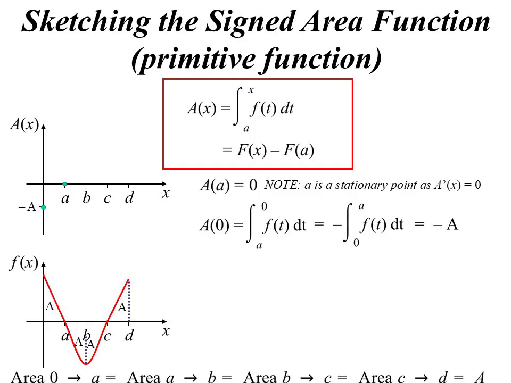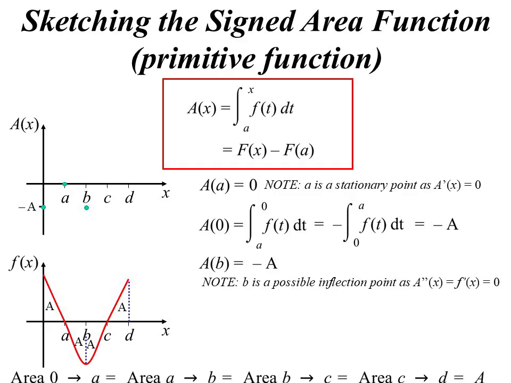Okay, what about area B? Well, area B, I can see it here, it also has a value of a, but it's below, so it's got to be negative a. I could also go back to the formula and do it that way and say, well, hang on, it's going to be the primitive function of b minus the primitive function of a, and I could work it out that way as well.